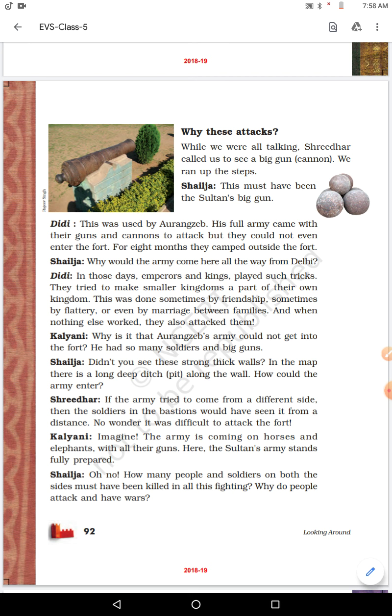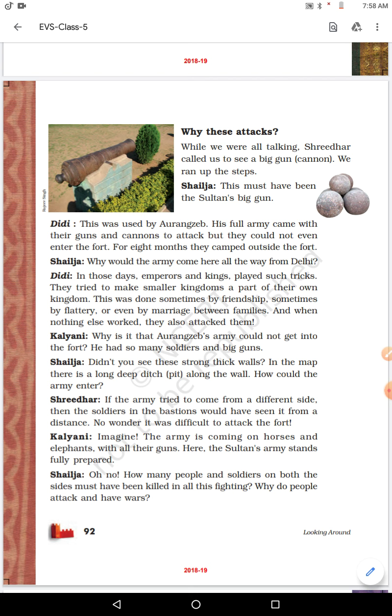Why could Aurangzeb's army not get into the fort? He had so many soldiers and big guns. Shaileja, didn't you see these strong thick walls? As I told you, the purpose of constructing a fort is protection against another king's army, right?